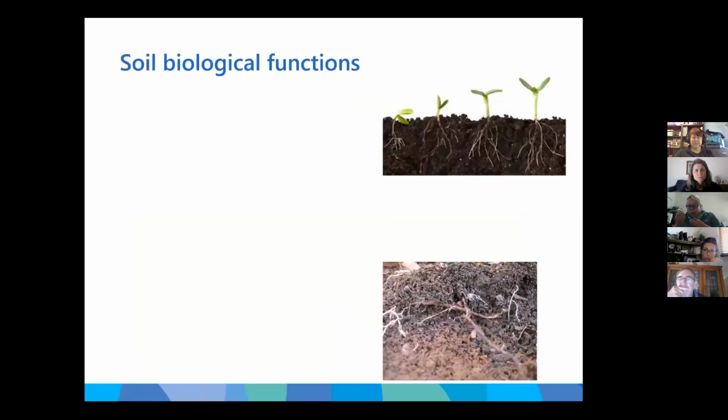What we want to know about these organisms is what their role is in soil, especially in terms of agriculture, because these are the drivers of the soil biological function in the soil. They're very important, and the main function that organisms are involved in is decomposition of organic matter.